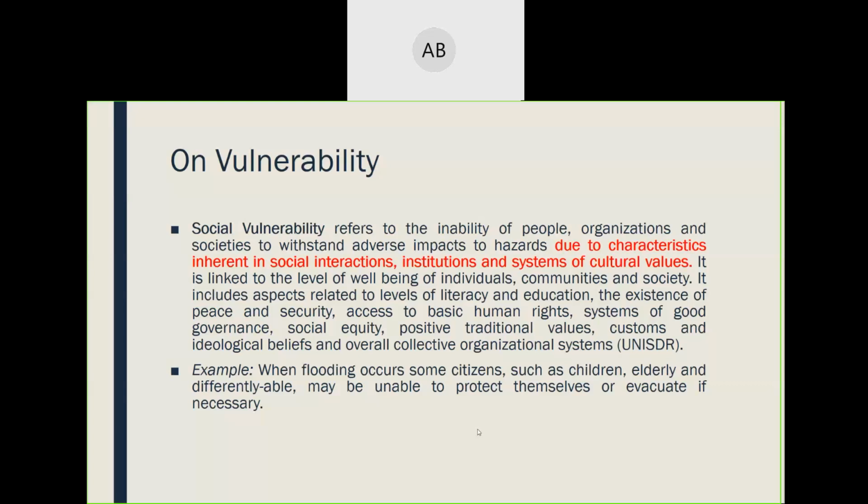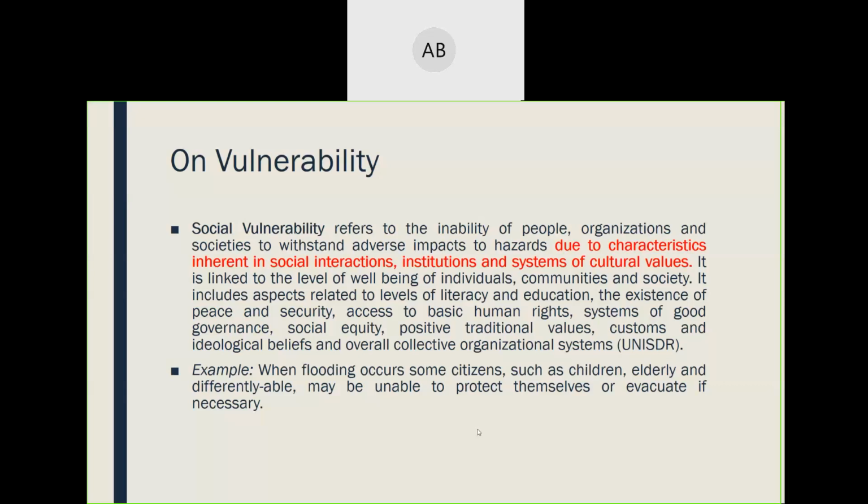So the other important aspect or subclass of vulnerability we have to mention is social vulnerability. What is social vulnerability? Do you have some words to explain, or what in your understanding is social vulnerability? So far you already know what vulnerability is.